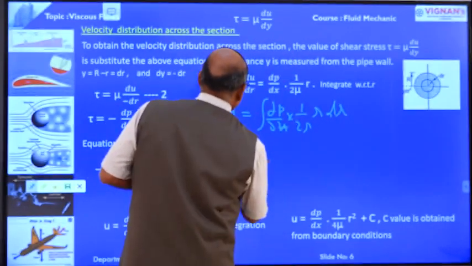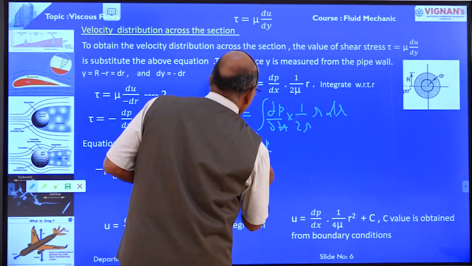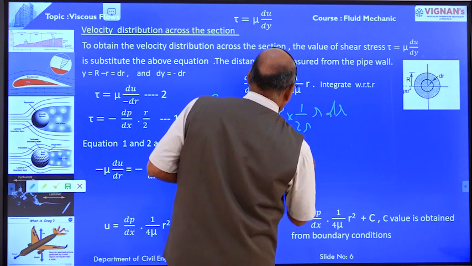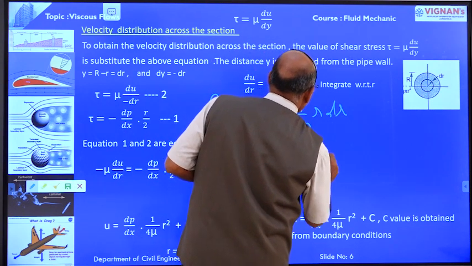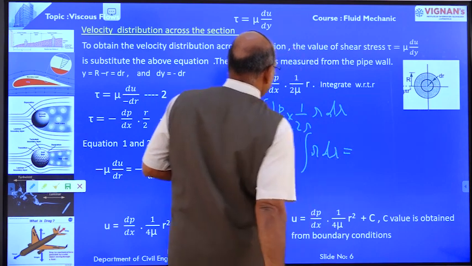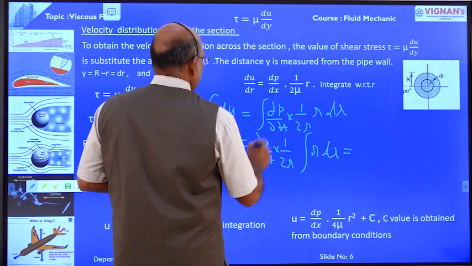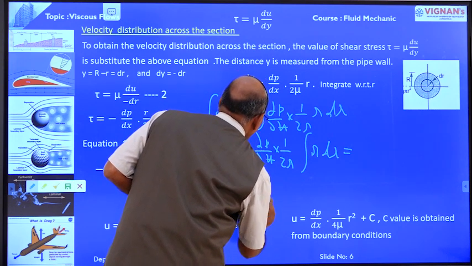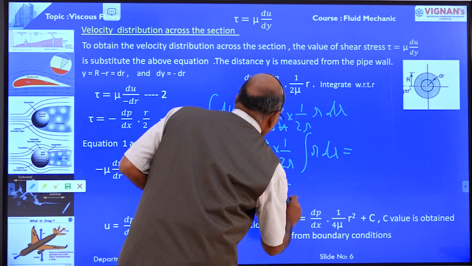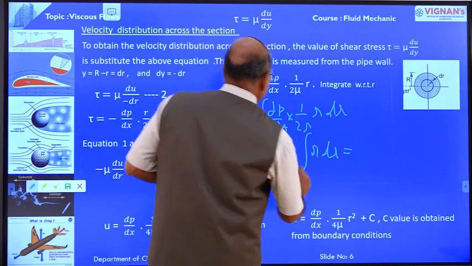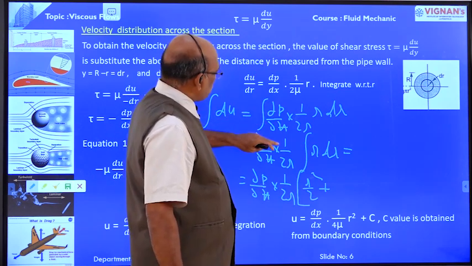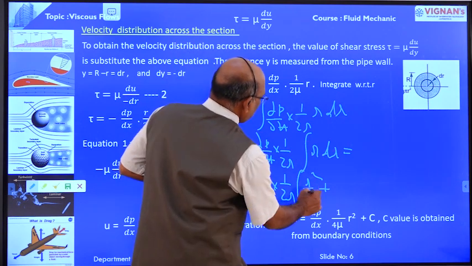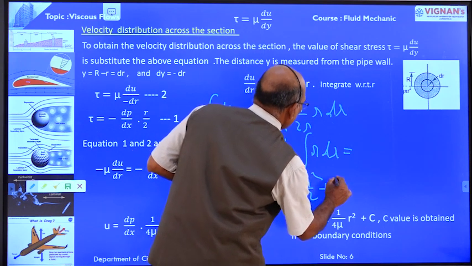Here, ∂p/∂x into 1 by 2 mu is taken out, and the integral of r dr is equal to r square by 2 plus c.